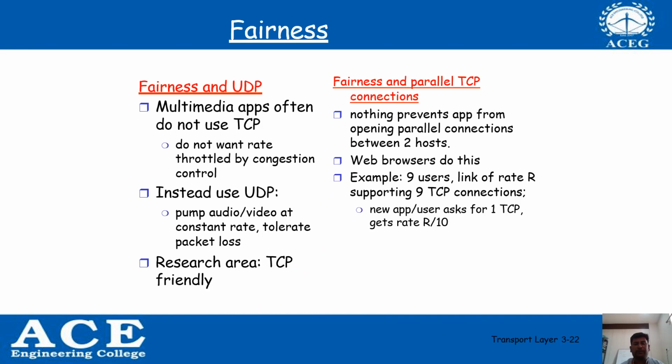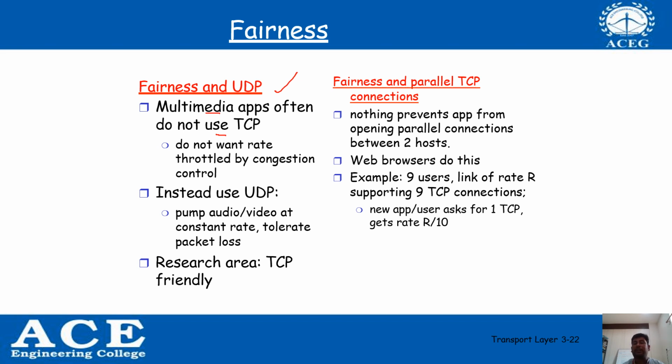Right. So TCP fairness we have been discussing in our earlier slide. But despite this, why do people prefer UDP along with TCP? Very simple reason. The applications particularly related to multimedia often do not want to use TCP. TCP is a connection-oriented protocol, and there are a lot of mechanisms like flow control and congestion control, all of which will be dealt with by TCP, but our multimedia doesn't want delay in the transmission.